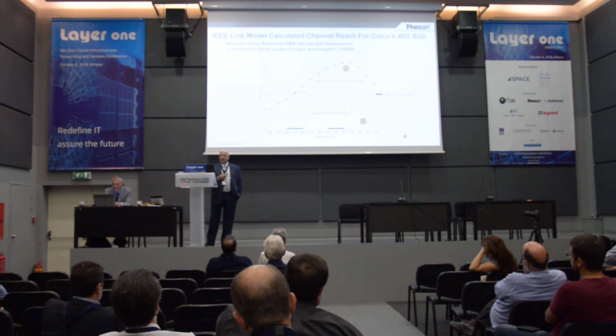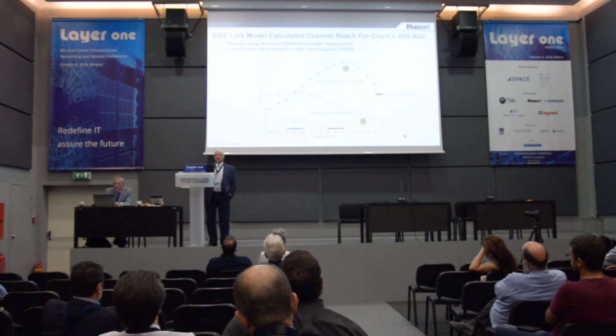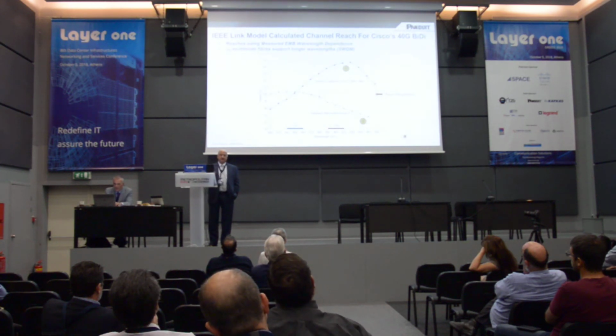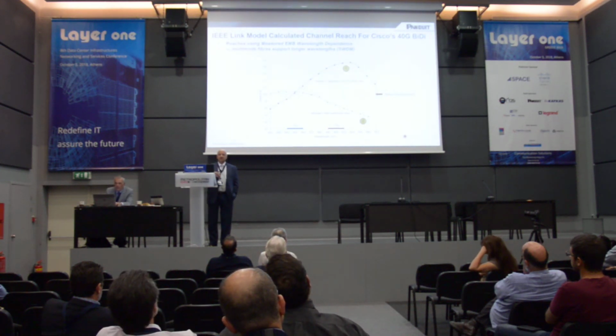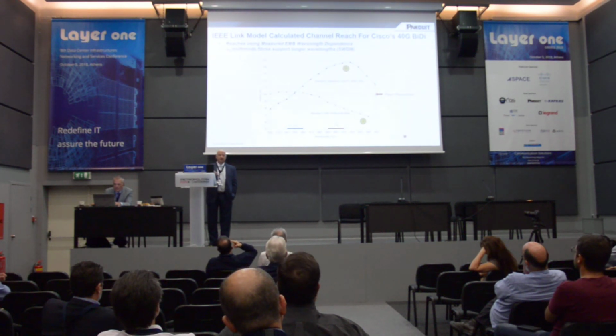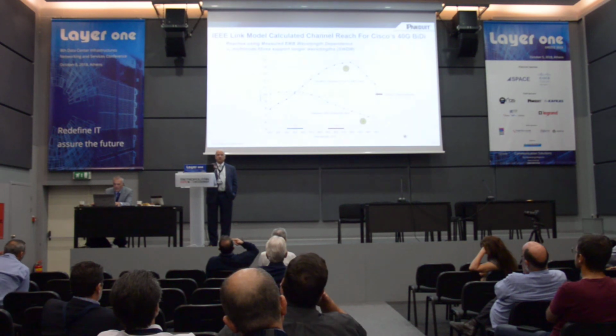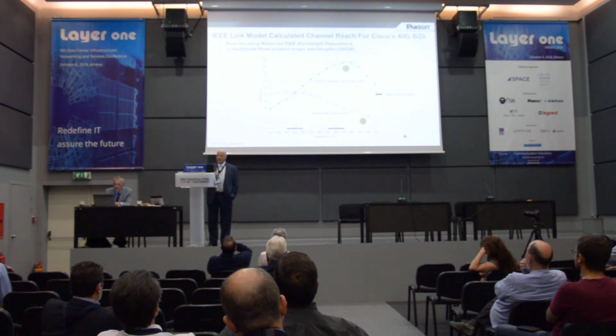This is some data we calculated for Cisco. We worked with Cisco in the introduction of the BiDi, which is 40 gigabit, 2 wavelengths, each working at 20 gig. And they wanted to know how far these transmission signals will go.